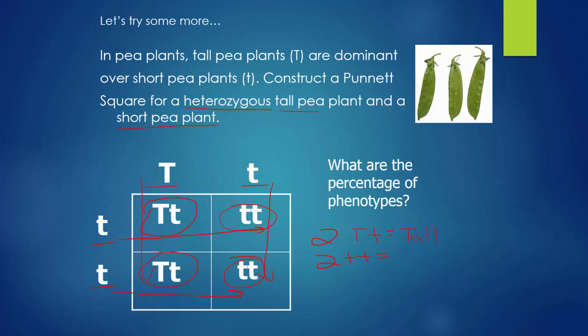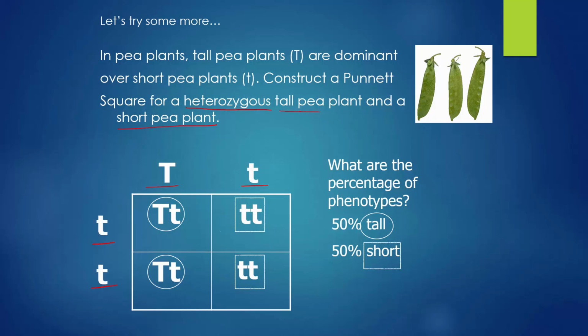And these are both short or recessive alleles, so I'm going to have short. So I have two tall plants and two short plants. So 50% tall, let me get rid of mine, and 50% short. Hopefully that makes sense.